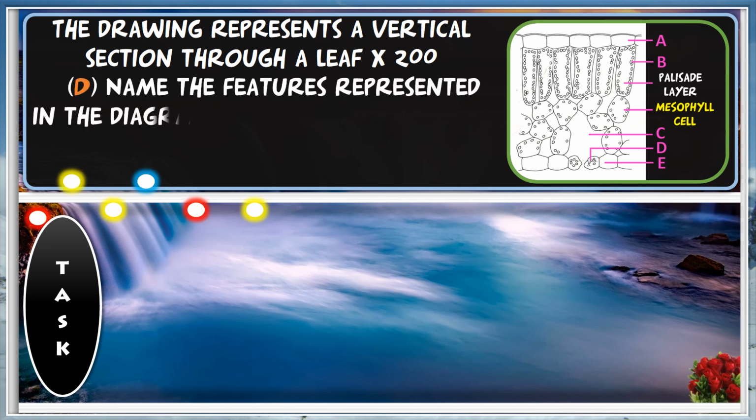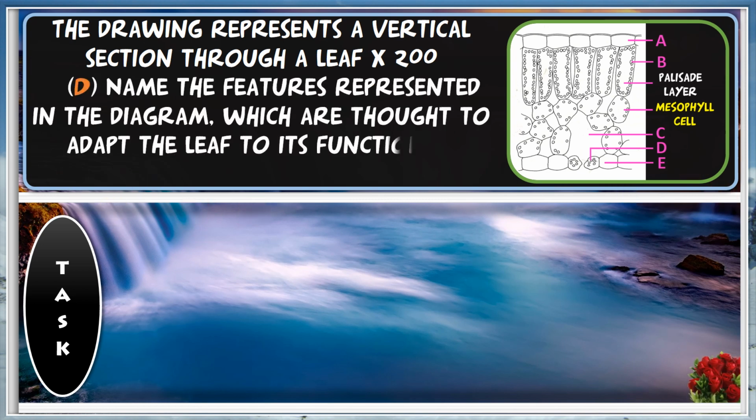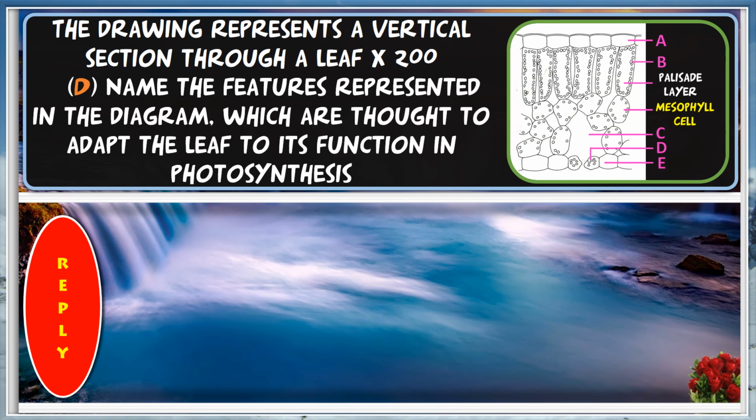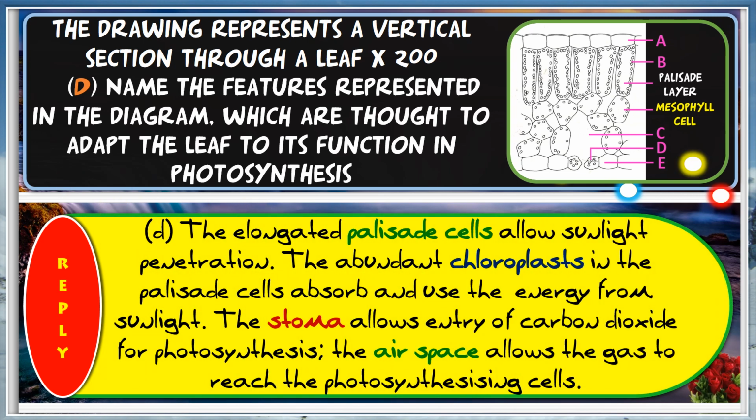Part D. Name the features represented in the diagram which are thought to adapt the leaf to its function in photosynthesis. The elongated palisade cells allow sunlight penetration.